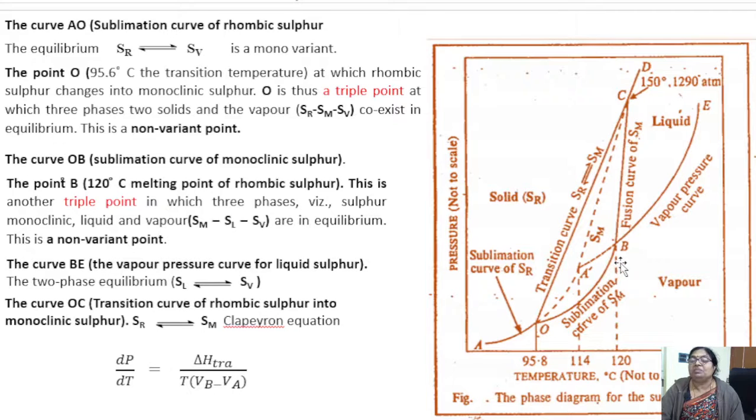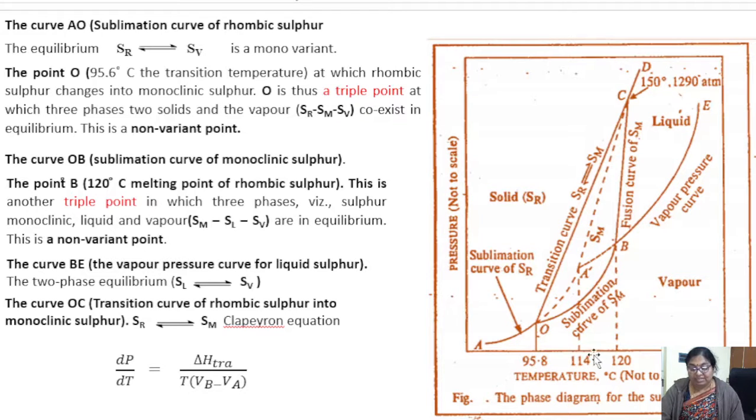Above that, there will be liquid and solid, and monoclinic sulfur also appears. So in the triangle area, that is BC, CO and OB, monoclinic sulfur will be stable.